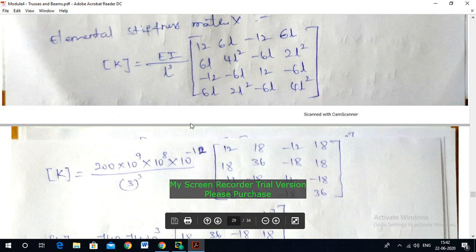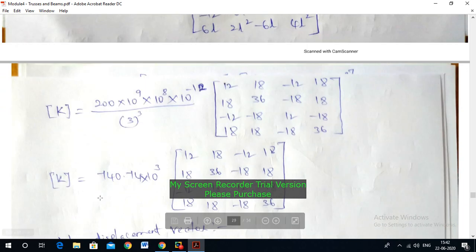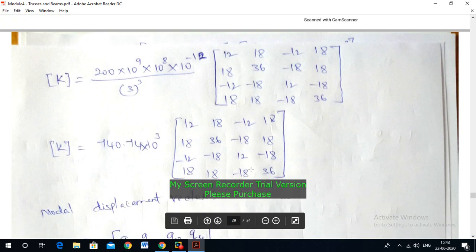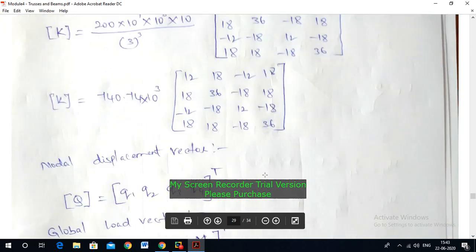After substituting the length of the element into the element stiffness matrix, a symmetric matrix, and simplifying, I will get 740.74 times 10 power 3 times: 12, 18, minus 12, 18; 18, 36, minus 18, 18; minus 12, 18, 12, minus 18; 18, 18, minus 18, 36.